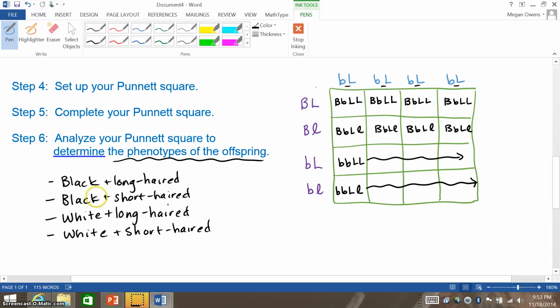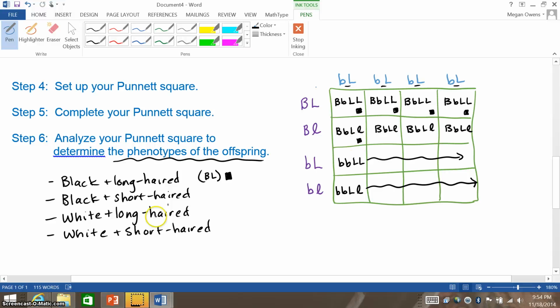So, if I take a look at my Punnett square, and if I'm looking first for black and long hair, I'll represent these with like a dark square. So this one would be black and long hair, which means these 4 would be as well, because there's at least one capital B and one capital L in each box, one dominant allele for black and one dominant allele for long hair.